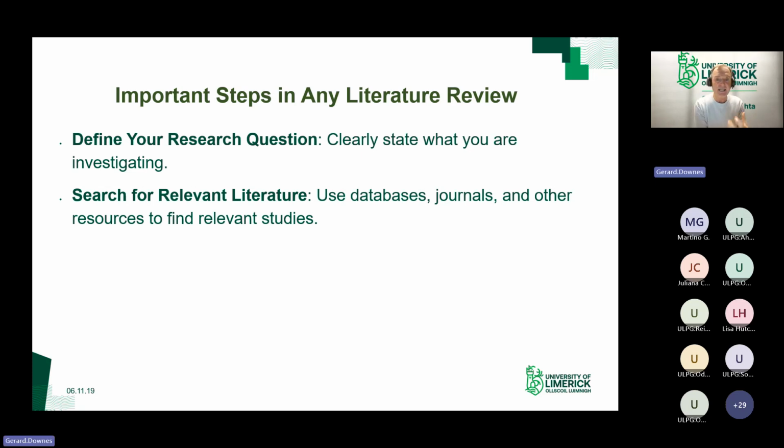But that in itself creates its own problems, because with such a multiplicity of sources, it can be very difficult to know which literature to use. And again, this is why it's so important to discuss this with your supervisors and your supervisory team about how you go about searching for the literature, to ensure that you're not reading everything continually.